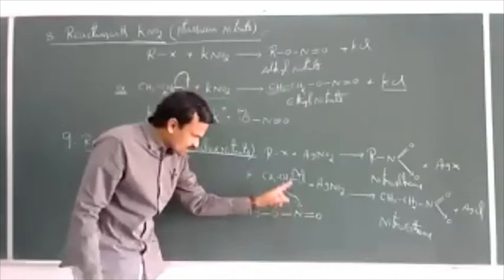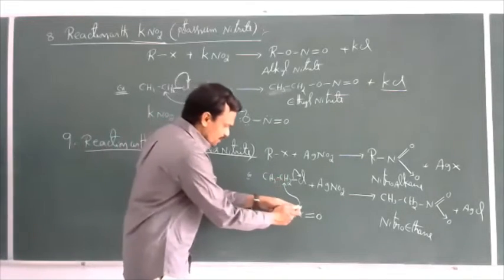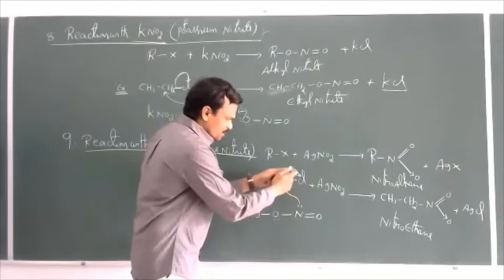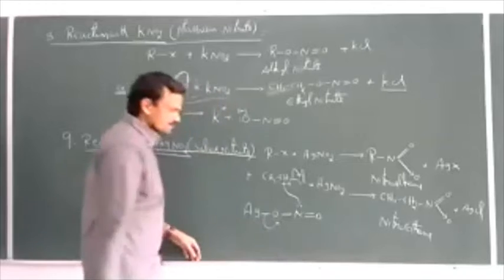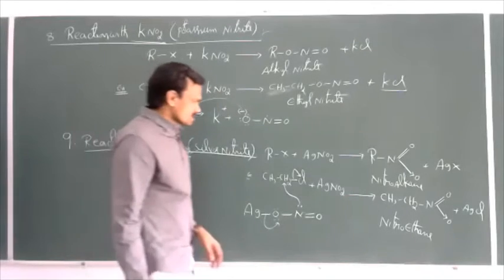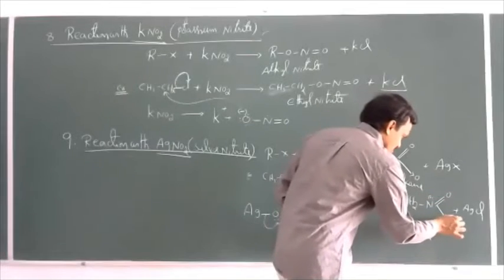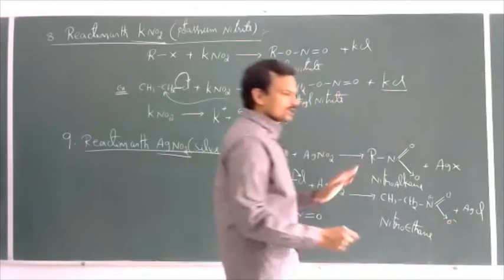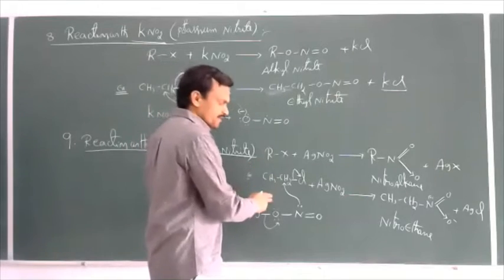So here nitrogen is bonded to the alkyl carbon. Whenever this electron pair is donated here, this electron pair is gained by this, and this electron pair is transferred to oxygen. As a result, we get this as N plus and this as O minus. On the whole, the molecule is neutral. So this is the mechanism for this.